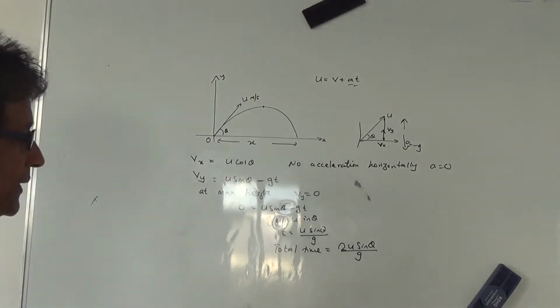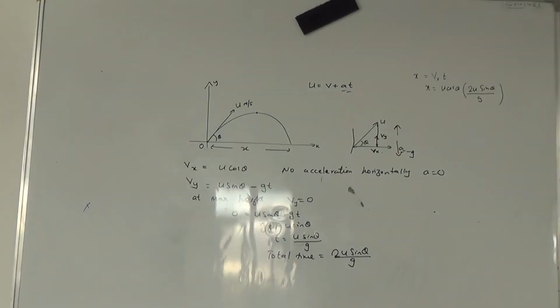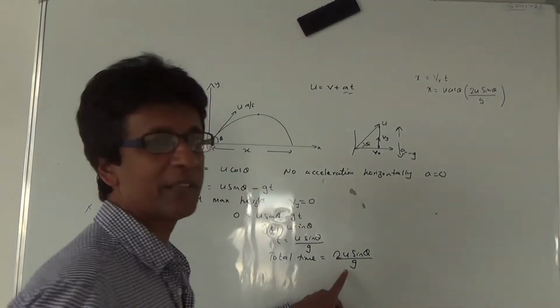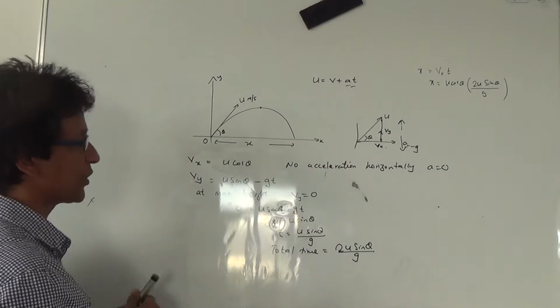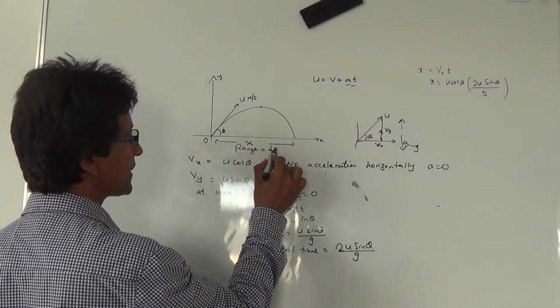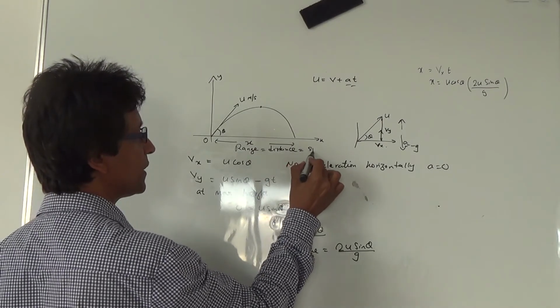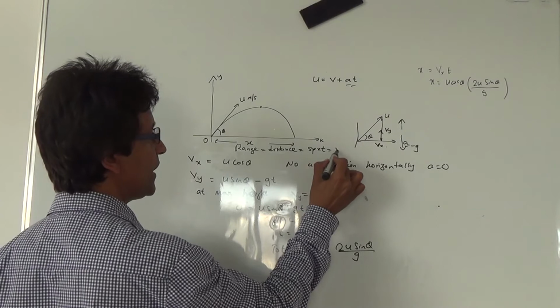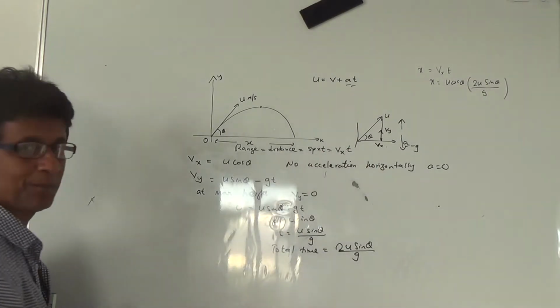Let's take a look at what we can do. From here we've got the total time, so I want to find the range. The range is basically the distance, and the distance here is x. Distance is speed multiplied by time, which is Vx, the horizontal velocity, multiplied by the time taken.